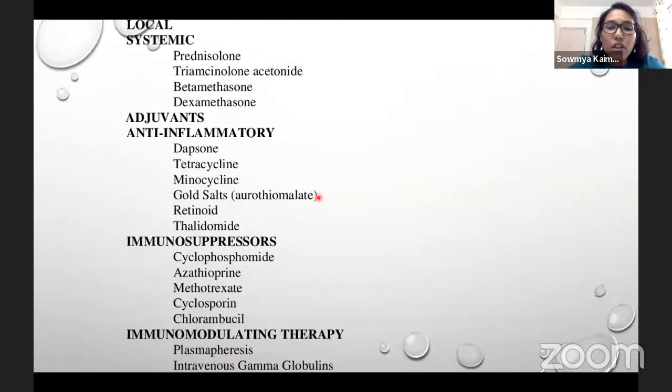Now, coming to treatment of pemphigus, I'm not going to go too much in detail into the clinical presentation because you can have very mild forms to very severe forms, which result in acute skin failure.